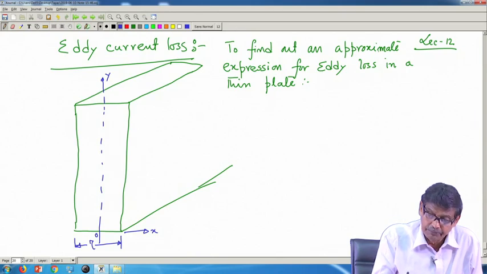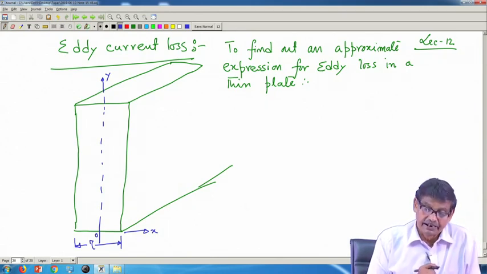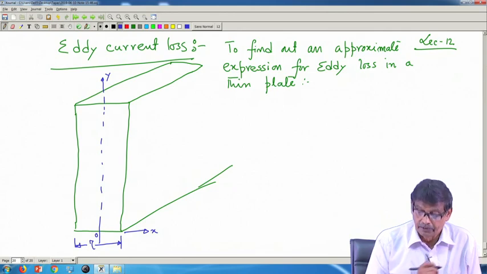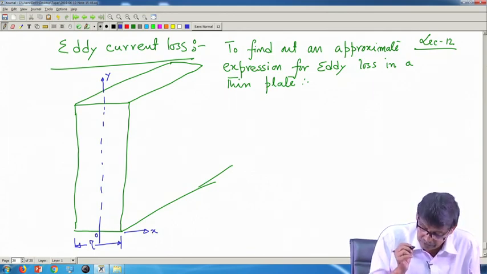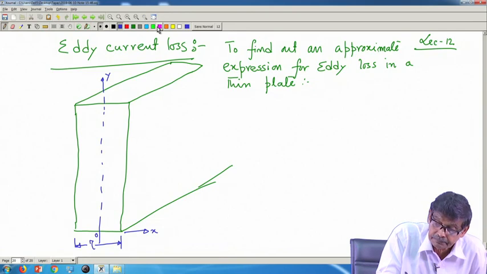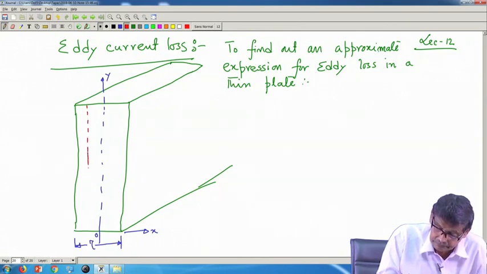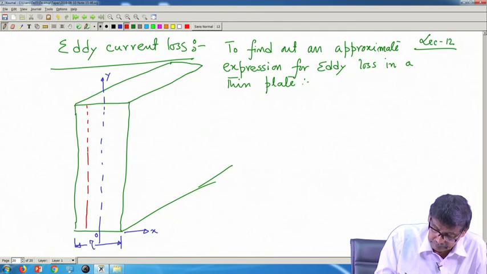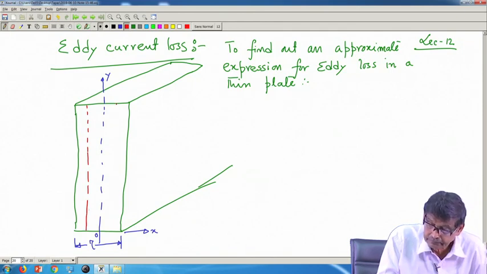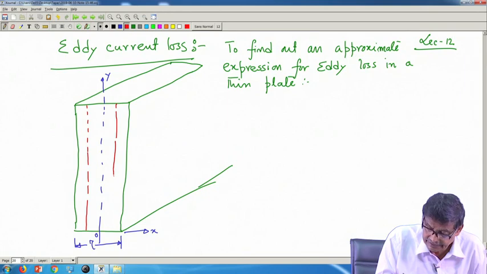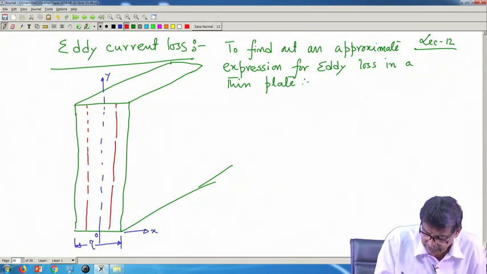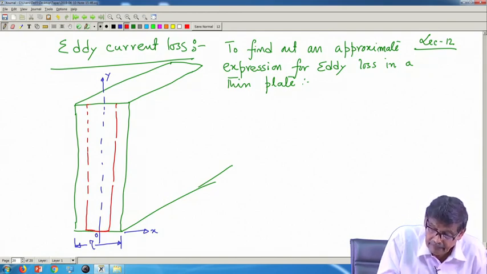Now, I have to find out an approximate expression of eddy current loss. To find that out, what I will do is this. I will consider at a distance x from the origin a loop like this.